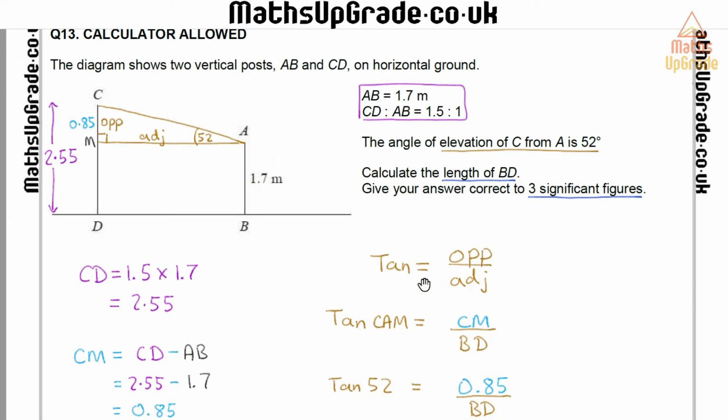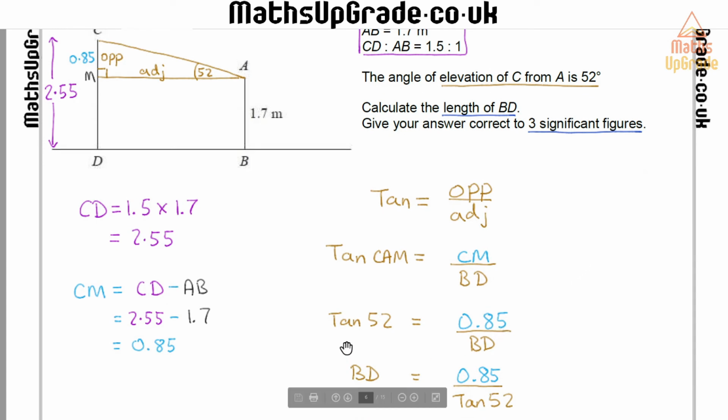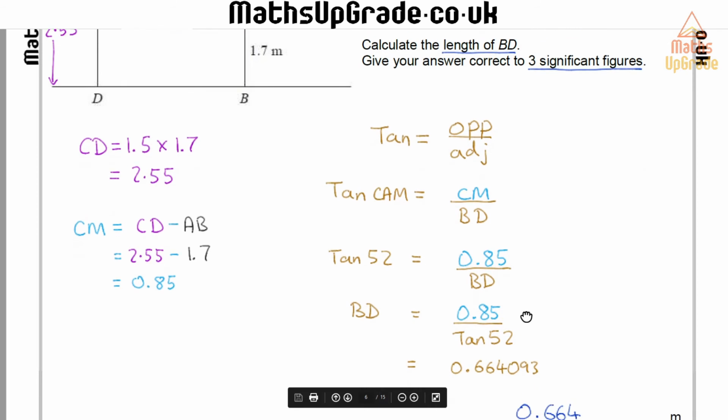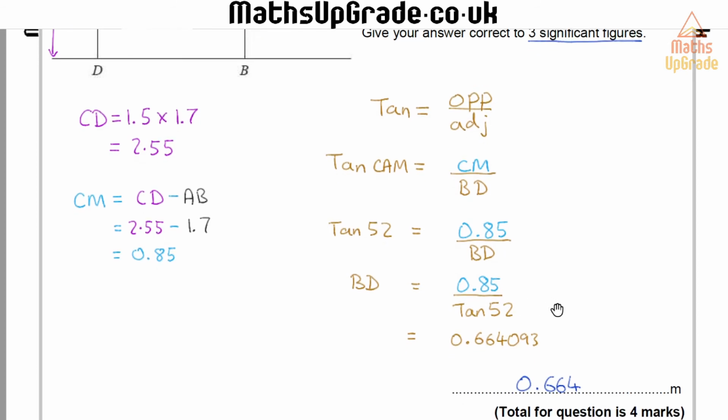So the tan of CAM, so the tan of 52, is equal to CM, which is the opposite, 0.85, divided by BD, which is what I'm trying to work out. BD is the same as AM. So rearranging this, I can get the value of BD simply by doing 0.85 divided by tan 52. That gives me 0.664, and that would be 4 marks for this question.